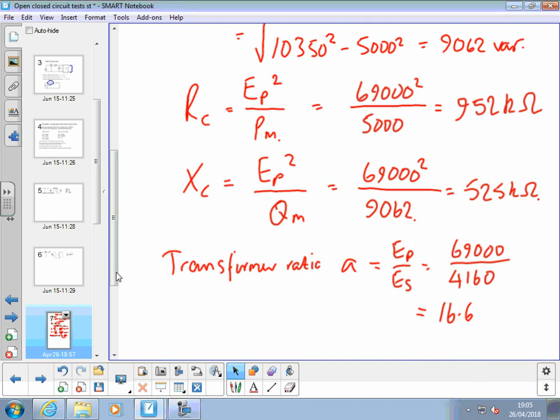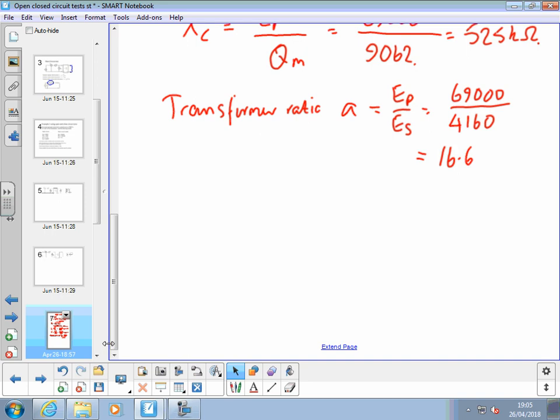So what we've effectively done there is we've got an open circuit model of this transformer.